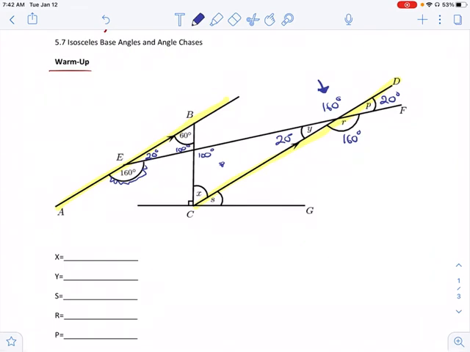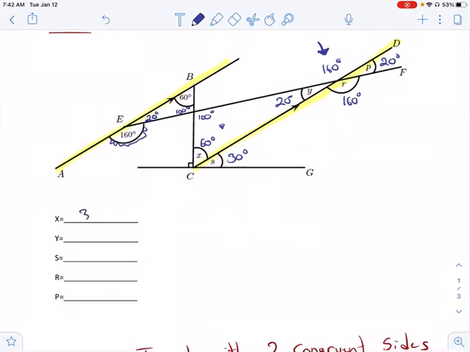So then this has to be 100 as well. Now I've made it into this triangle, so the sum of those has to be 180, and I'm at 120, so I know x is going to be 60. And finally, I know x plus s is 90 degrees because it needs to be supplementary to that other 90 degrees. So this is then 30 degrees.